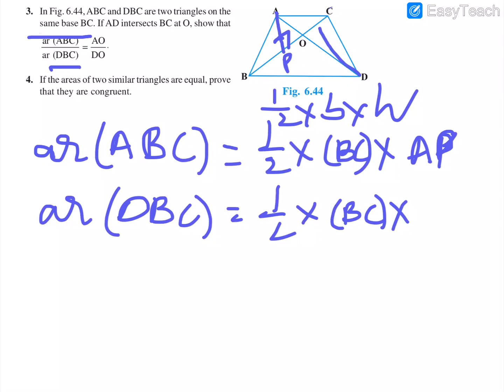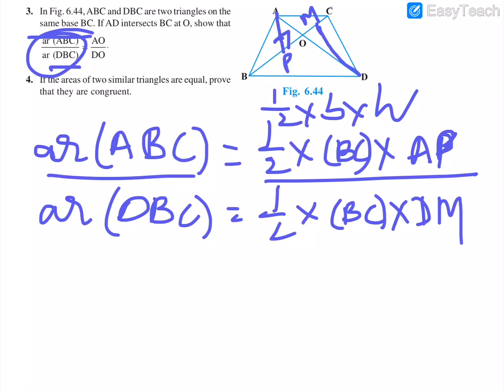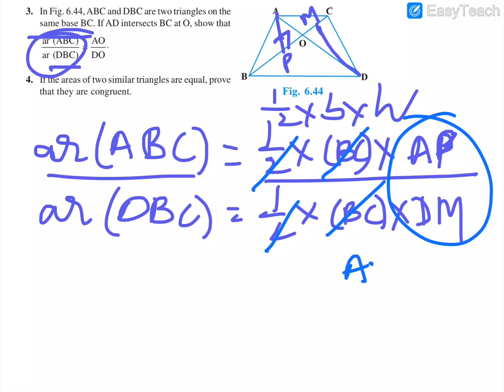Similarly from this side, let's take a height DM. Now we need a ratio. So triangle ABC by triangle DBC is equal to half into BC into AP by half into BC into DM. Naturally half cancels, BC cancels. What we get is AP by DM.